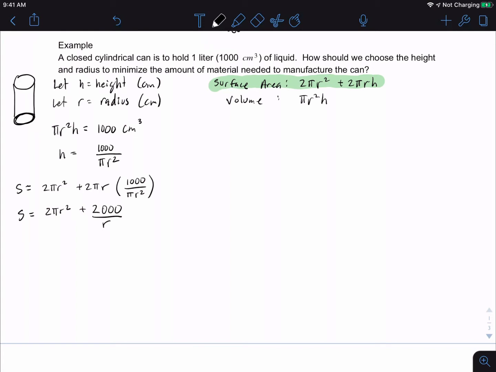Okay, now that we have this piece and we've simplified it as much as possible, we can take the derivative. When we take the derivative of this, S prime, the surface area's derivative, is going to be 4 pi r minus 2,000 over r squared.